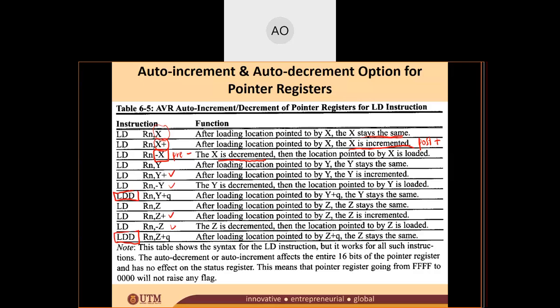Contoh lah, I put the contoh here. LDD R16, Y plus 5. Let's say your Y now points to address 100.